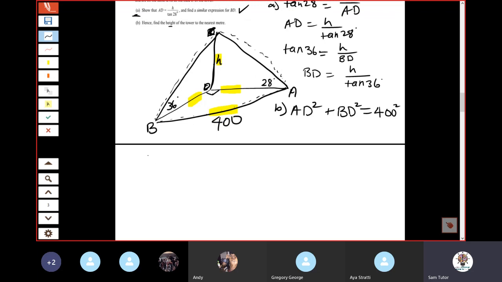AD is H squared on tan 28 squared plus BD is H squared on tan 36 squared. Factorize your H squared out.